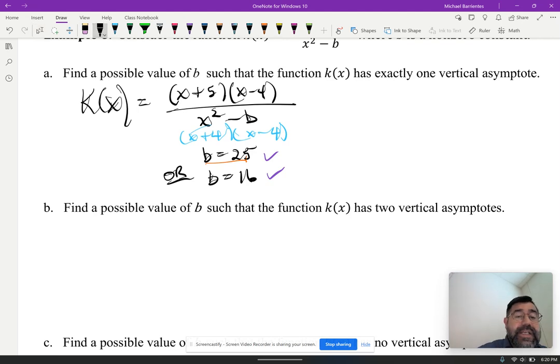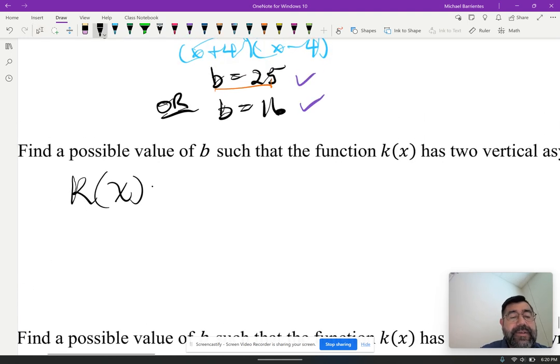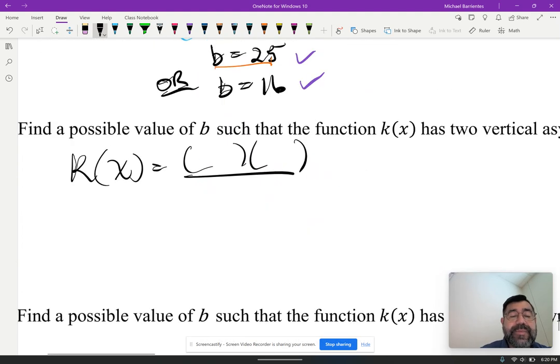All right. So then what would it look like if I had two vertical asymptotes? We already know that the numerator factors out to x plus 4, x plus 5, x minus 4. And if I'm going to do this, what value could we insert for b in order for no factors to cancel, and therefore I would have two vertical asymptotes?